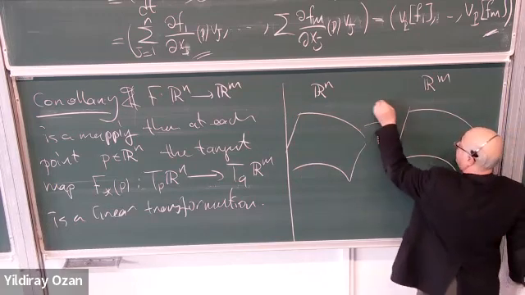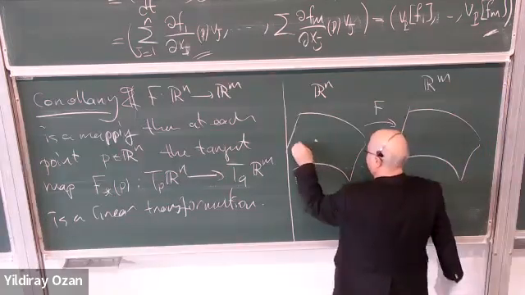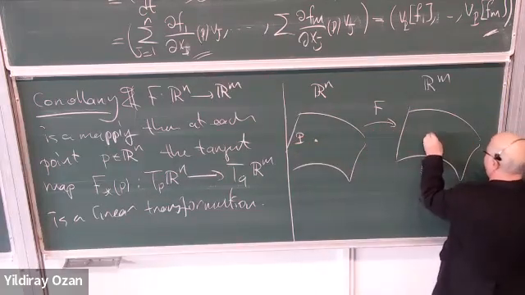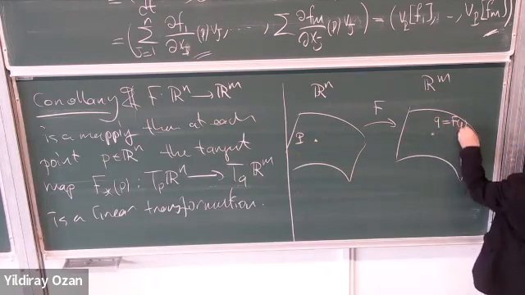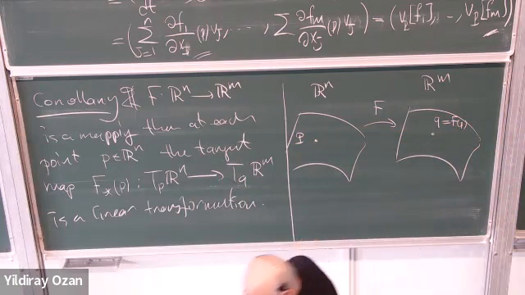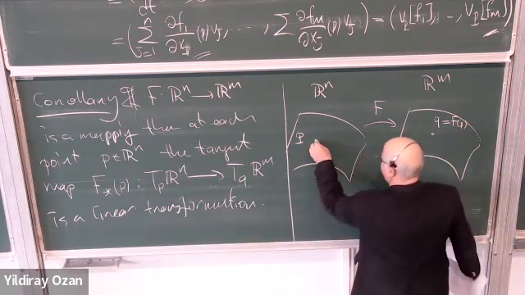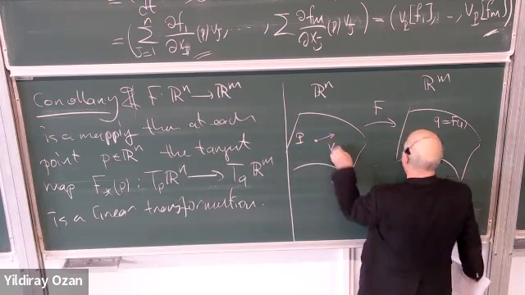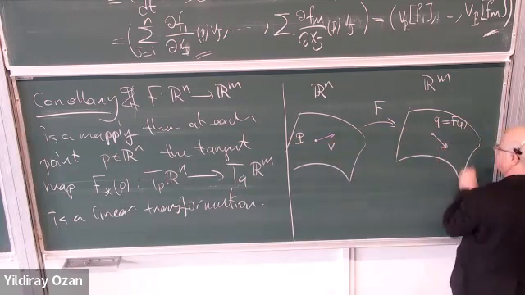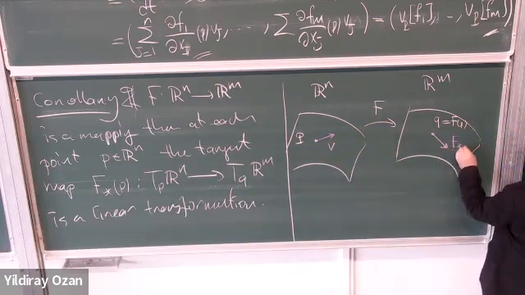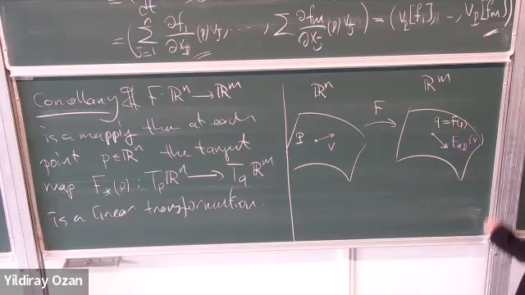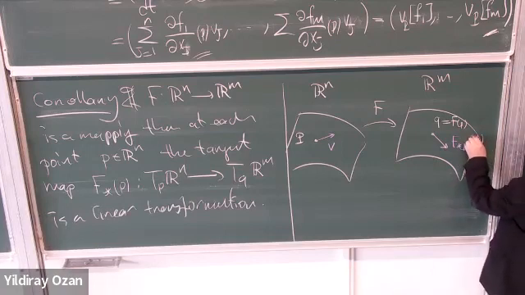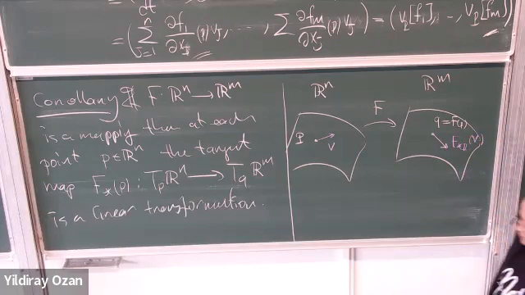Here is the map F, and I am at the point P and it is sent to the point Q, which is F of P. And what the derivative does is the following. It takes any vector here and sends it to a vector here, F star at the point P, evaluated on the vector V, okay?